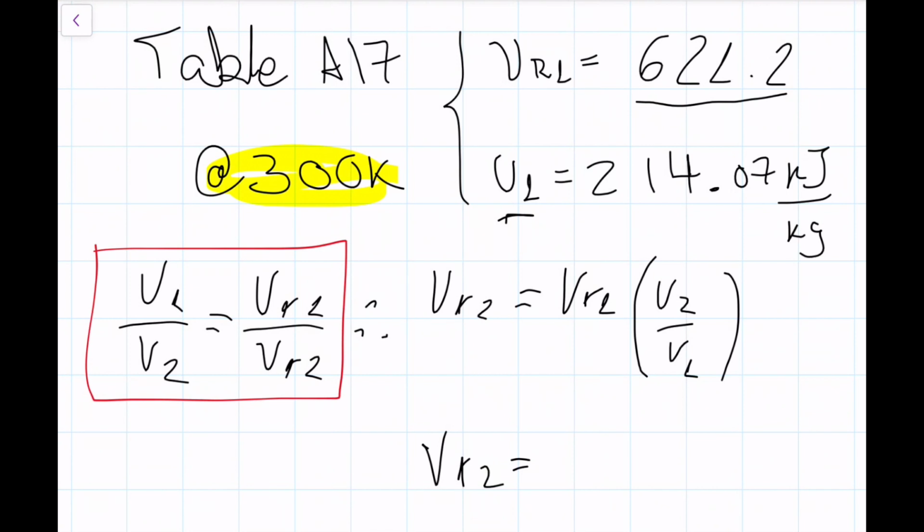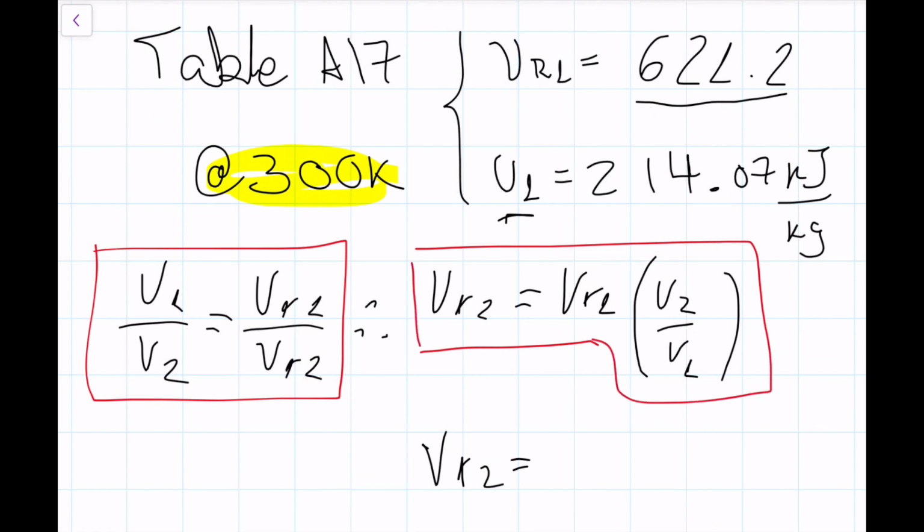So I can calculate my VR2 by saying VR2 equals VR1 times the ratio between the volumes, and we know that ratio because we have the compression ratio. So it's simply going to be 621.2 divided by 16, which is the ratio between them, because this guy over here is going to be 1 over 16.